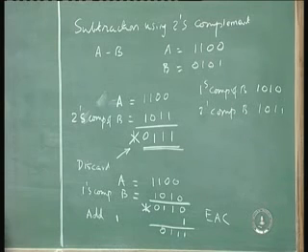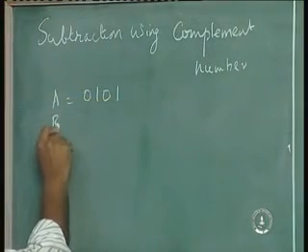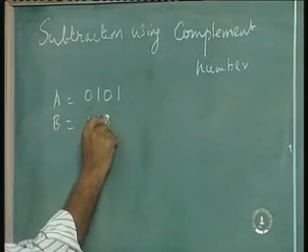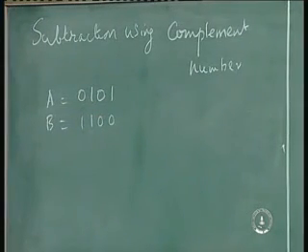We will put it the other way, 5 minus 12. Can I now say A is equal to 5, B is 12, the result has to be minus 7, is that right?